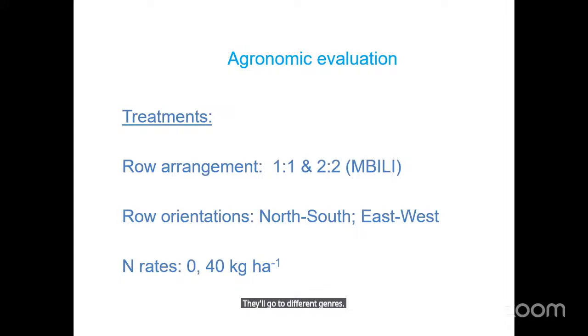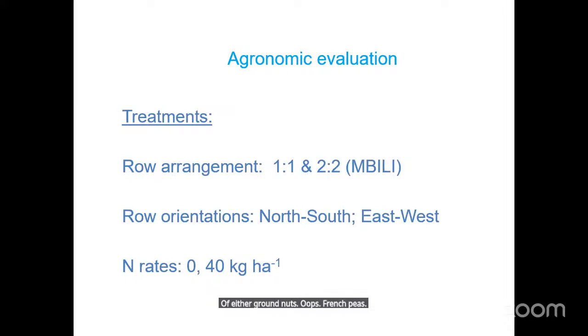Now, the treatments which you had for agronomic improvement was row arrangement. That is one row to one row. That is one row of sorghum and one row of either groundnuts or peas, French peas.